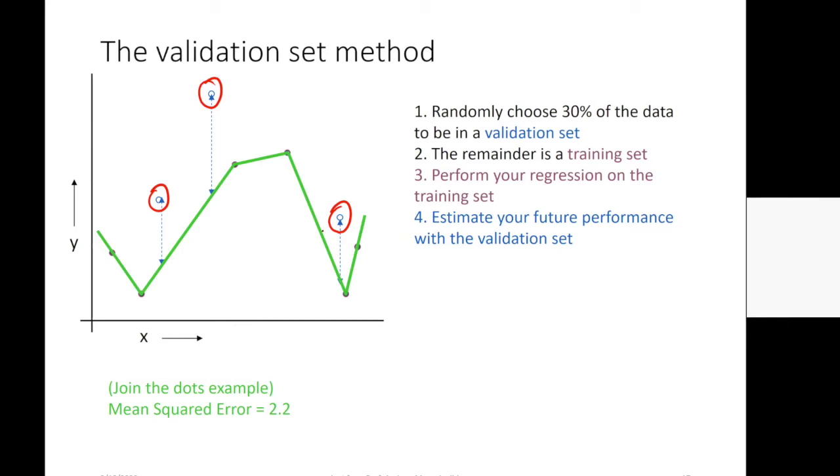If I don't pick these 3, maybe I pick these 3 and leave them out. I'm picking a really extreme case. I pick this out too, and there's one more point, maybe this point out.